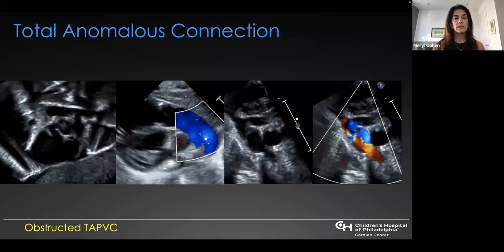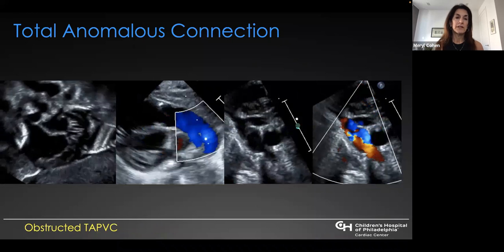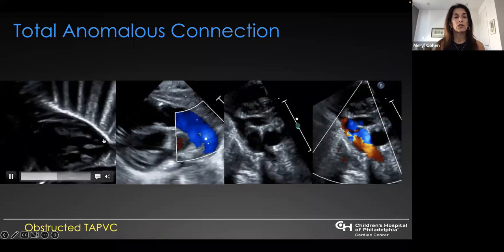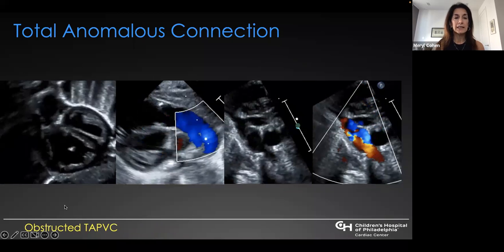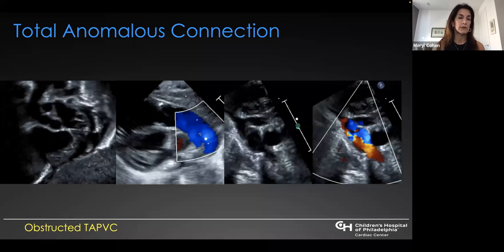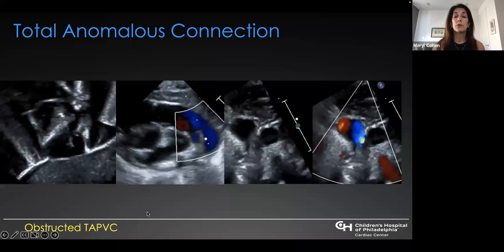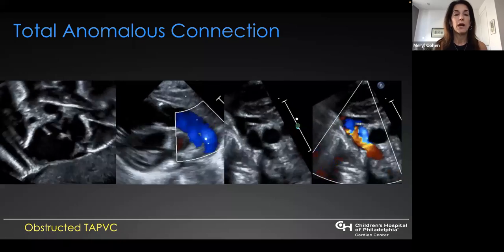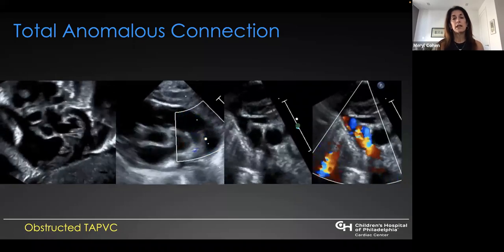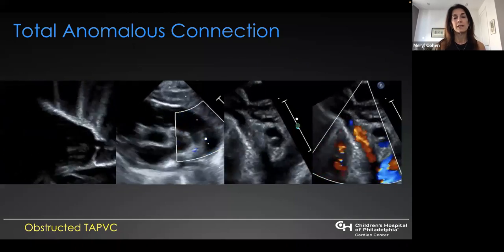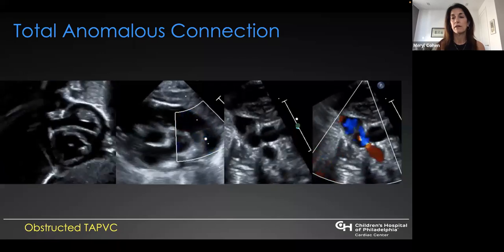And then obstructed total anomalous pulmonary venous connection can occur in any of the subsets we talked about. You'll often see an RV that's dilated and not working well, depending on where the veins are coming from. Typically, if this is in the newborn period and you have a ductus arteriosus, the ductus will be all right to left, and that indicates that the pulmonary vascular resistance is very high.